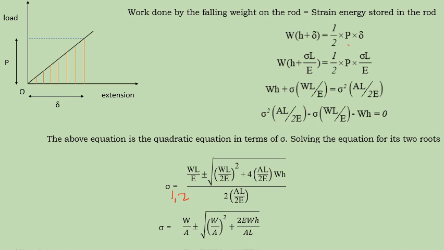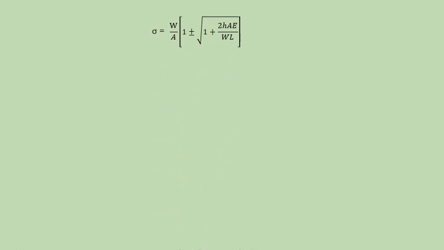So after simplifying the above equation, sigma 1 and 2, because these are the roots, become W by A plus or minus root of W by A whole square plus 2EWH divided by AL. So we can take W by A as common.